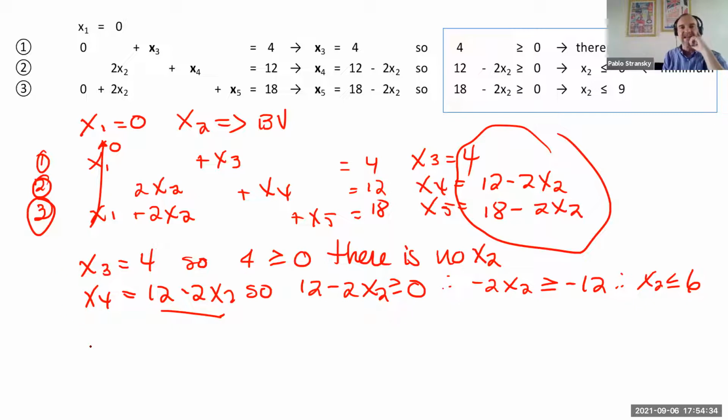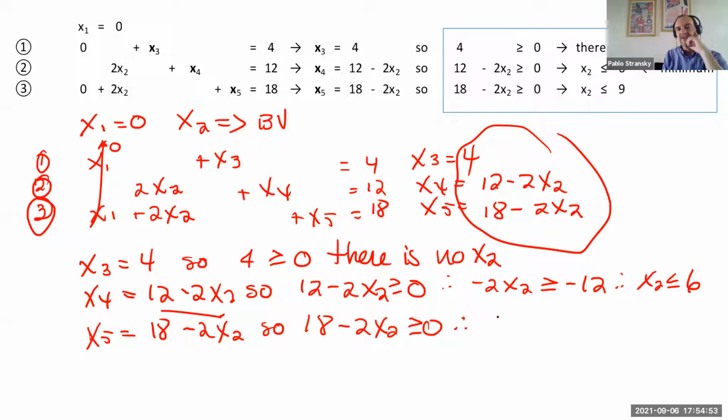And the last line says x5 is equal to 18 minus 2x2. So how far can this x2 go? This will be 18 minus 2x2 less or equal to 0. So minus 2x2 greater or equal to minus 18.